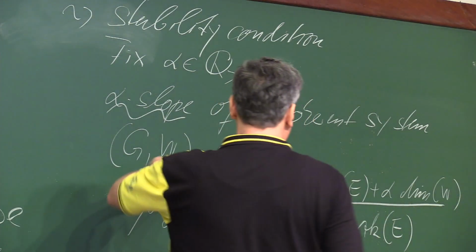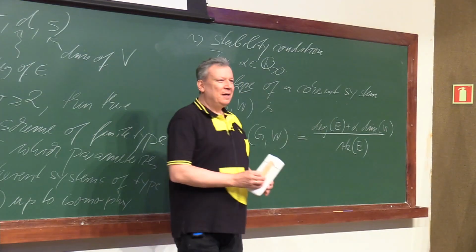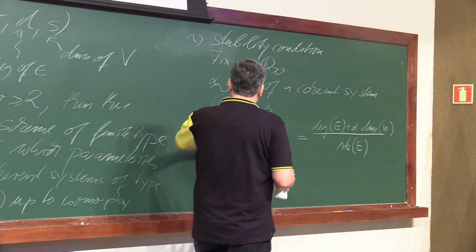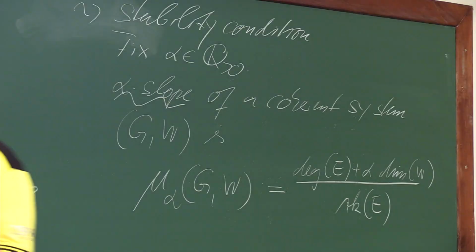G is a vector bundle and W. I call it G because I will apply it to distinct things.